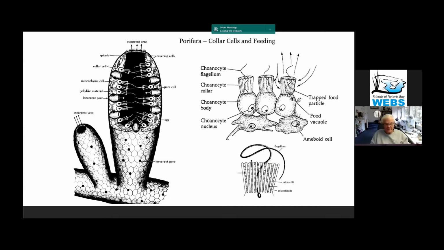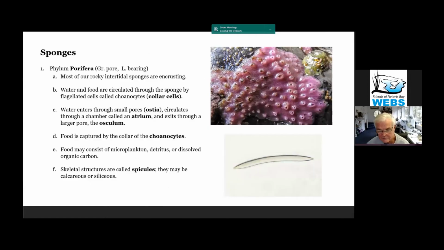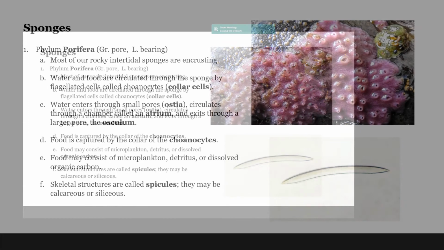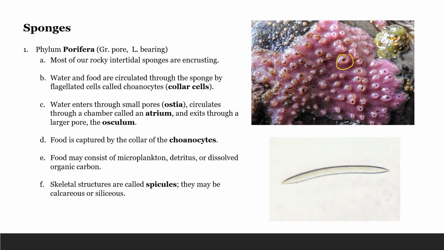This is a very simple diagram of a sponge. Sponges can be a lot more complex than this. But basically, these are the parts of the sponge that are important. Going back to this sponge right here, you see these big holes. Around these are called oscula. Each one is called an osculum.